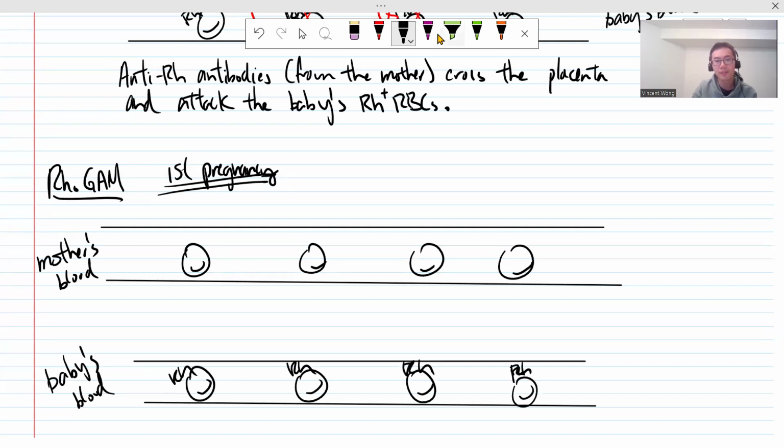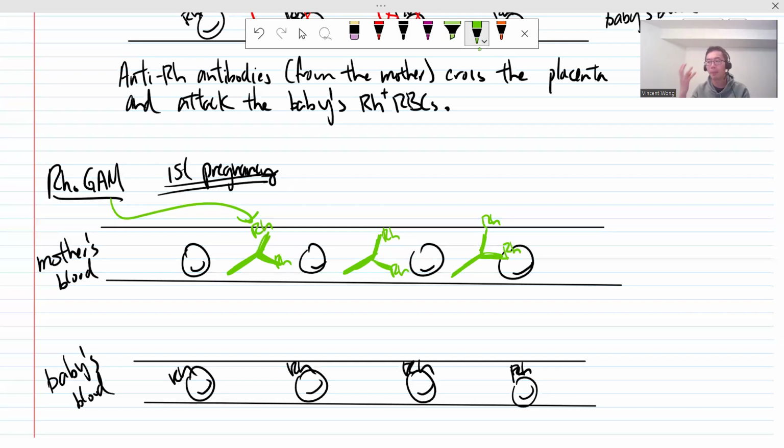So you would give the mother an injection of the RhoGAM. Right, so the RhoGAM is like this. Rh antibodies. These are man-made in the lab. Okay, stay with me. I know you probably have a question, but stay with me. I will answer it in my explanation. Okay, so this is RhoGAM. Right, so now the mother has anti-Rh antibodies in her system.